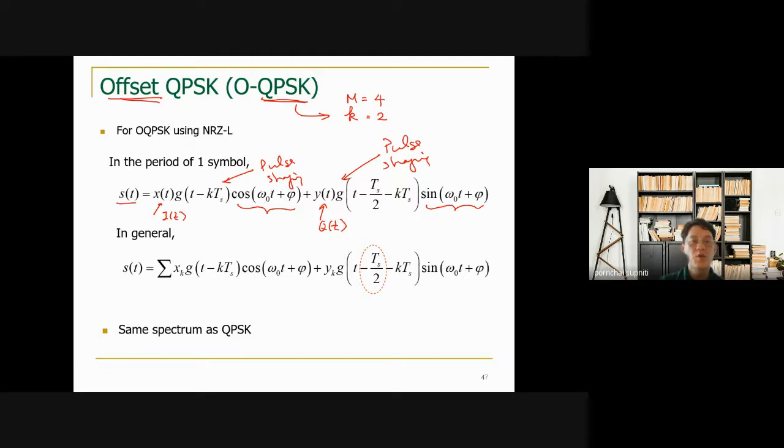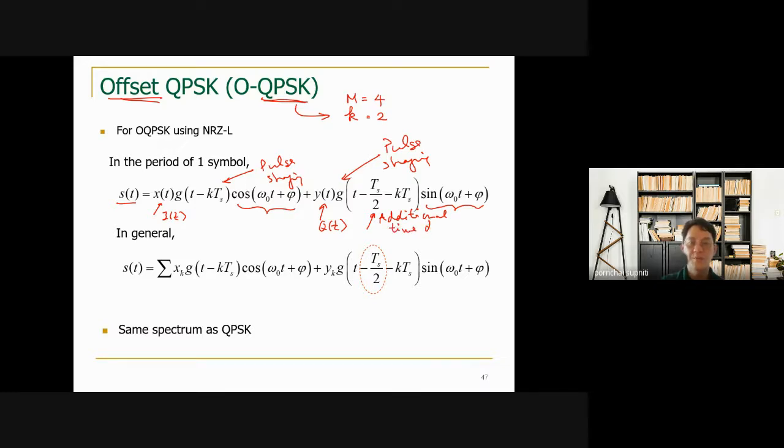For offset QPSK, instead of modulating the I bits, the odd bits, and the Q bits, the even bits, with the same time shift, they introduce an additional time shift to the even bits, or the Q bits.